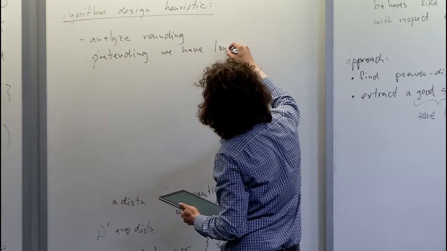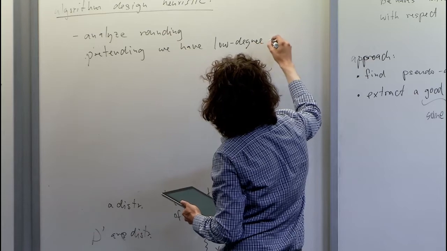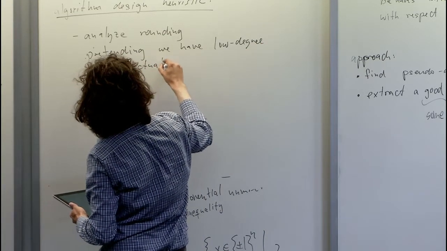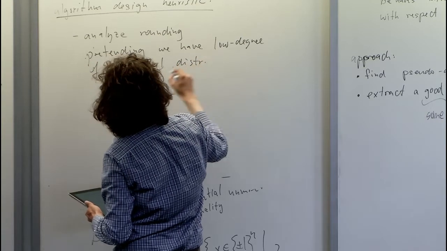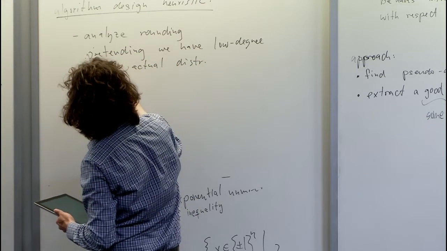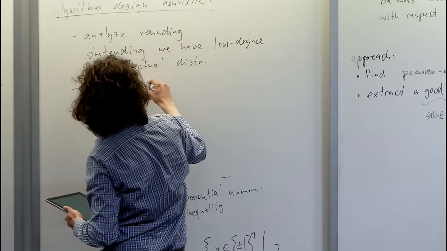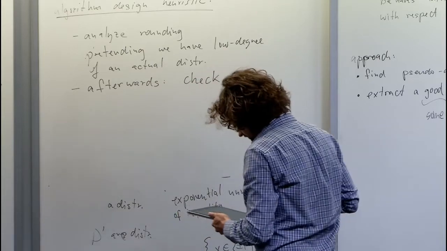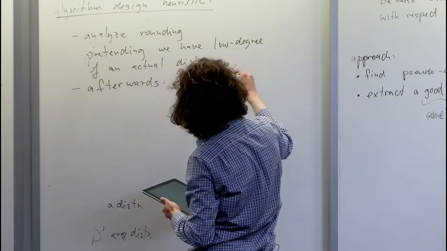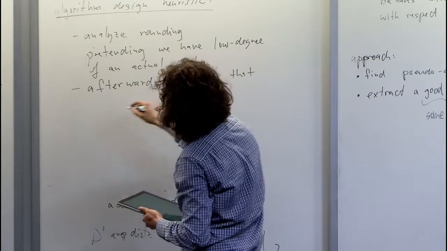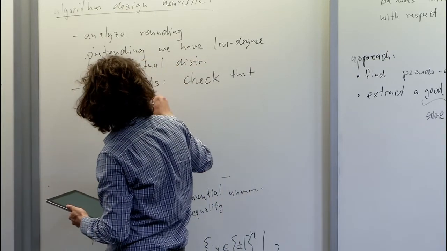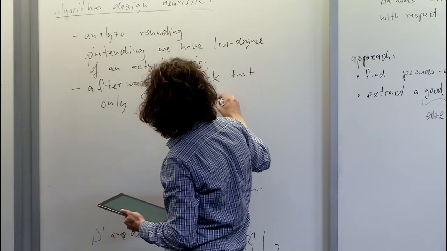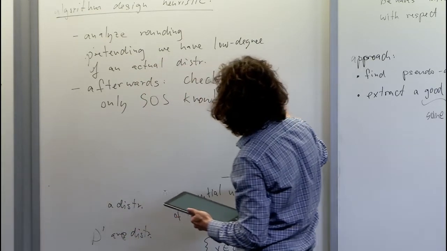Let's say low degree moments of an actual distribution. And then, only afterwards, check that only low degree sum of squares knowledge was used about the solutions.